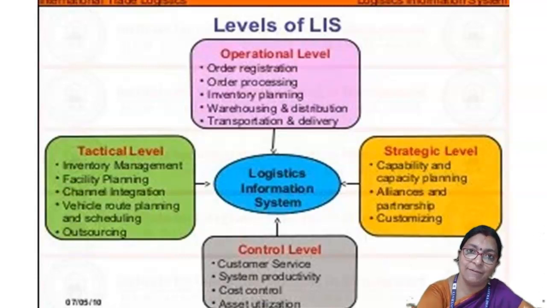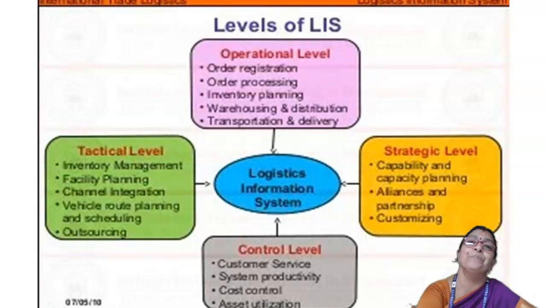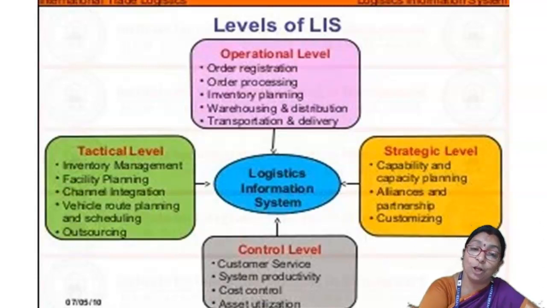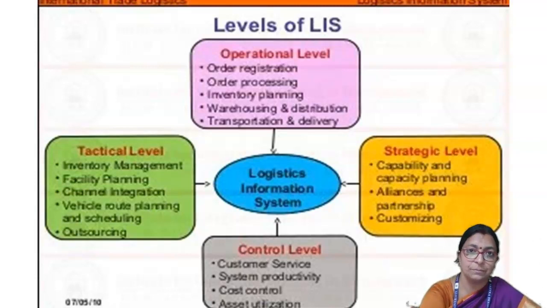At the tactical level, we see how far this logistics information system helps you to plan the logistics in a strategic way. This is the way you need to understand the concept. The decision process requires information for bringing effectiveness to the logistics system. What are the various types of decisions involved?